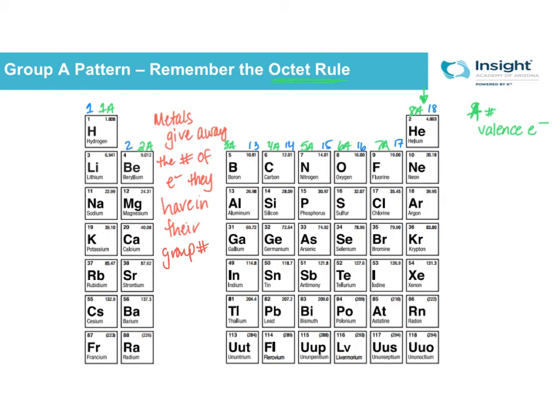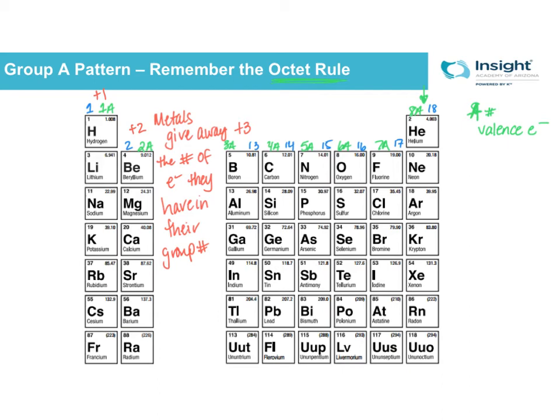It's going to give that 1 electron away. That's going to be easier than stealing 7 electrons to fill the shell, right? So group 1A forms +1 ions. Group 2A has 2 valence electrons, so it's going to give away those 2 to form a +2 ion. And group 3A, similarly, will give away 3 electrons instead of trying to steal 5 to fill up the shell.